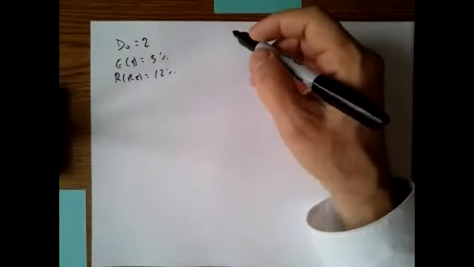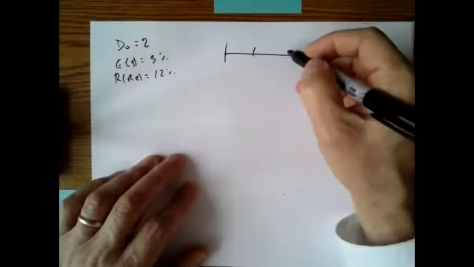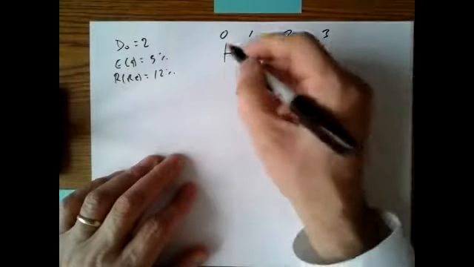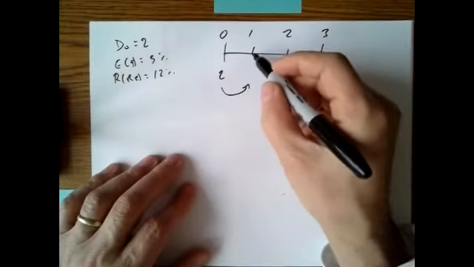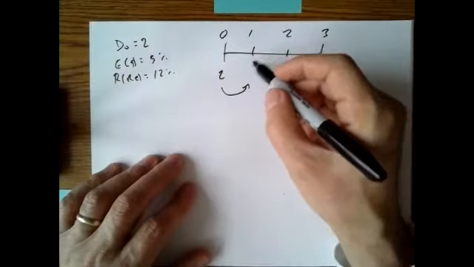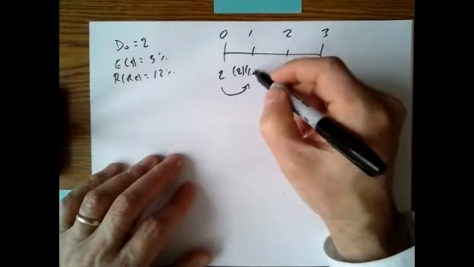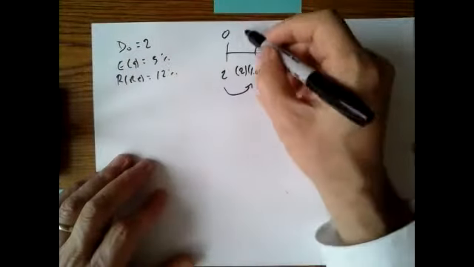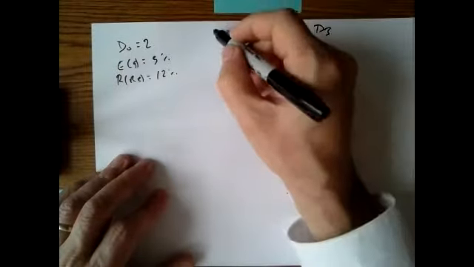That's relatively straightforward. Let's do a little timeline: 0, 1, 2, 3. They just paid a $2 dividend. What's it going to be at time 1? Call these D1, D2, and D3; this is D0.